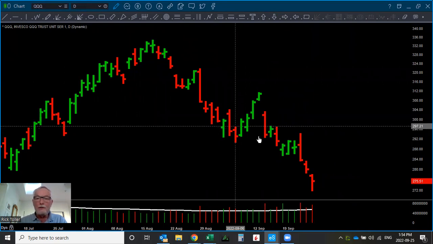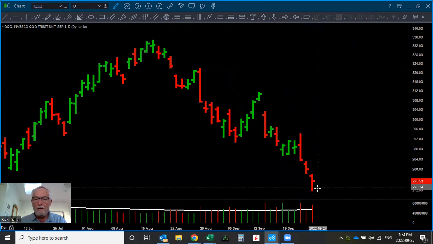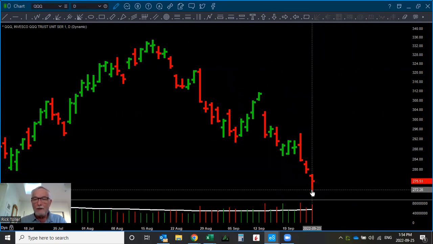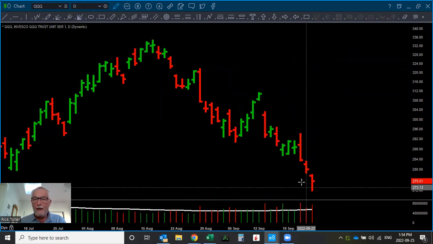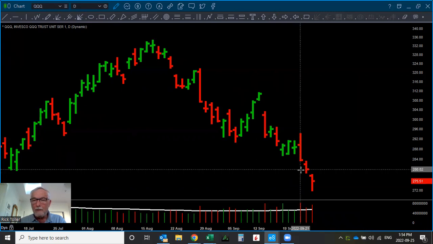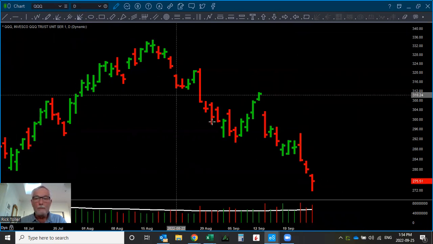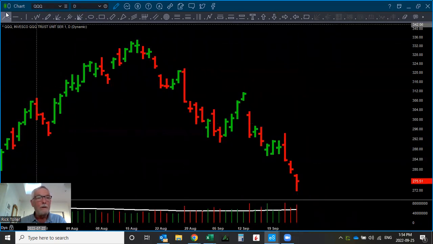Now, without diving too much into the weeds, just taking Friday's action as an example. This is the daily for the QQQ, and we opened right near where we closed the previous day.